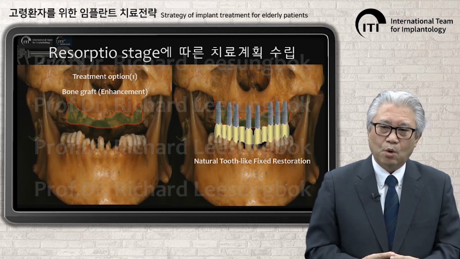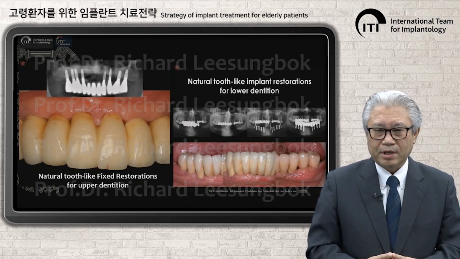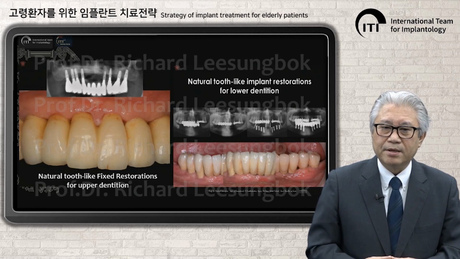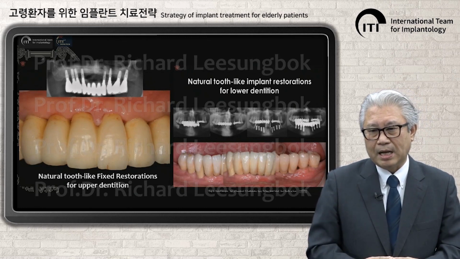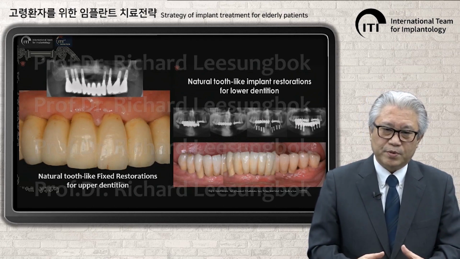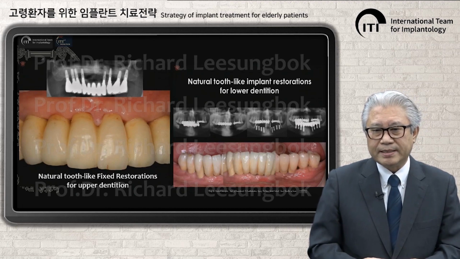Depending on the degree of alveolar bone resorption, a massive bone graft or enhancement surgery may be required. This is the result of the first option, completing the implant therapy with a natural tooth-like fixed restoration.